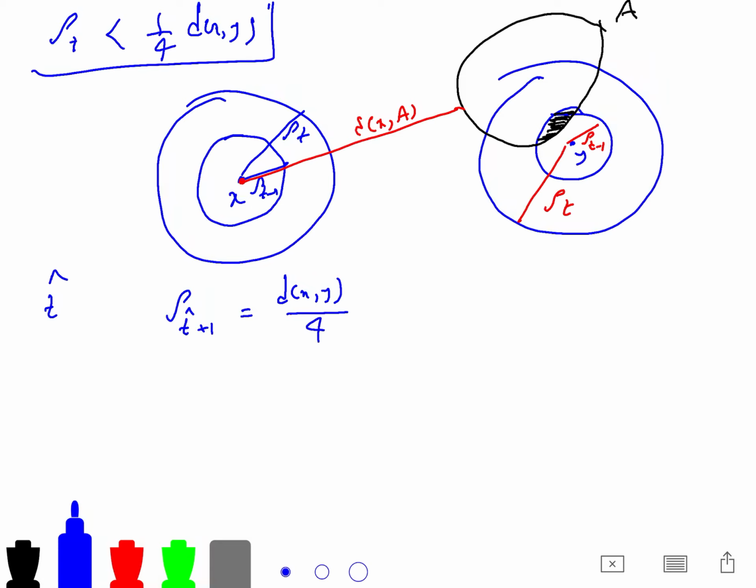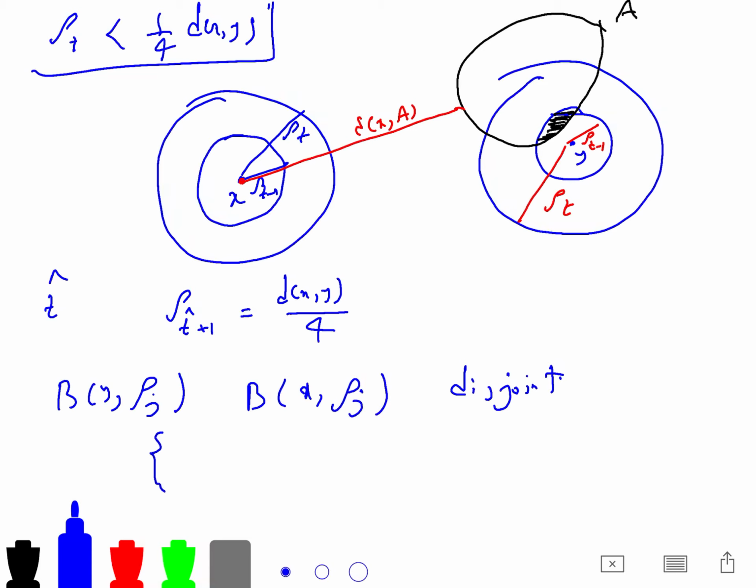And observation one is that B(y, rho_j) and B(x, rho_j) are always disjoint. So these balls are disjoint. And let me write this. The important point I want to make is just noting that d(y,A) is less than rho_t-1, and d(x,A) is greater than rho_t.